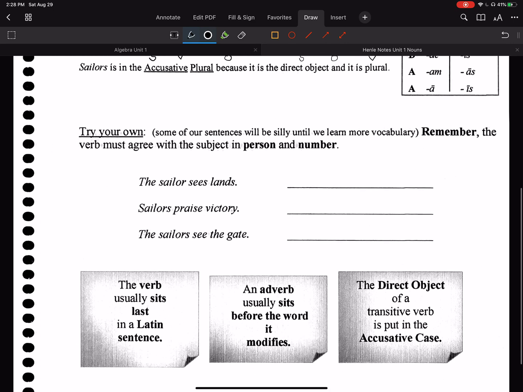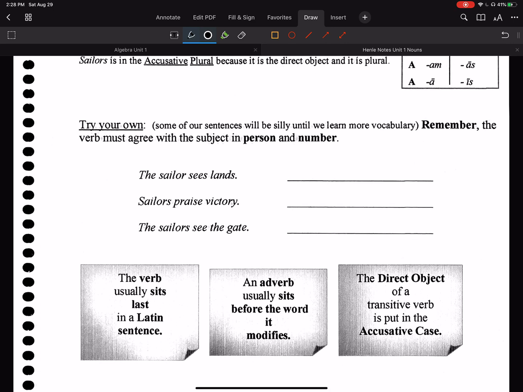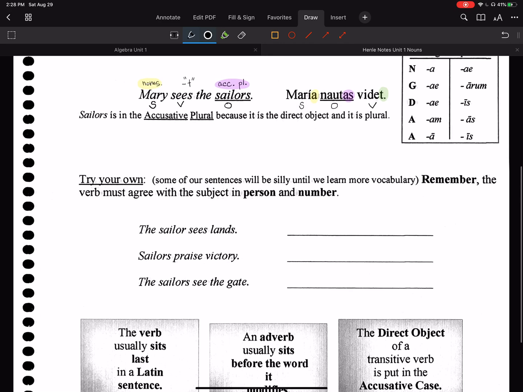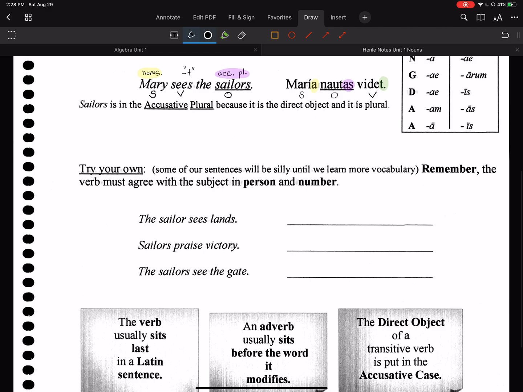Now, try your own. If you haven't done this in class and this is the first time you're watching this and you didn't see it live streamed, take time, stop the video, do this on your own. Otherwise, the answers would be: this is nominative singular, there's our subject. Here is our verb.